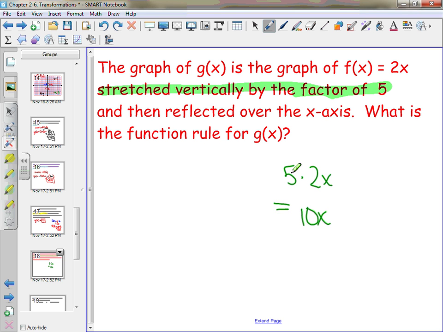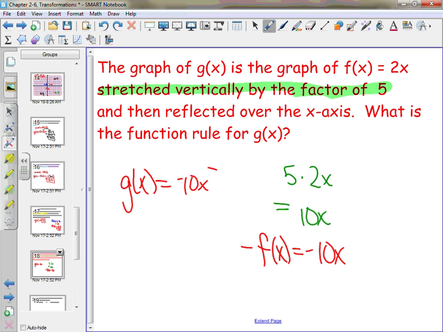And then reflect it over the x-axis. So if I'm reflecting over the x-axis, what do I do? I distribute. So now I'm going to do a negative times f of x, which is negative 10x. So g of x is negative 10x. Do we see that, yes or no?